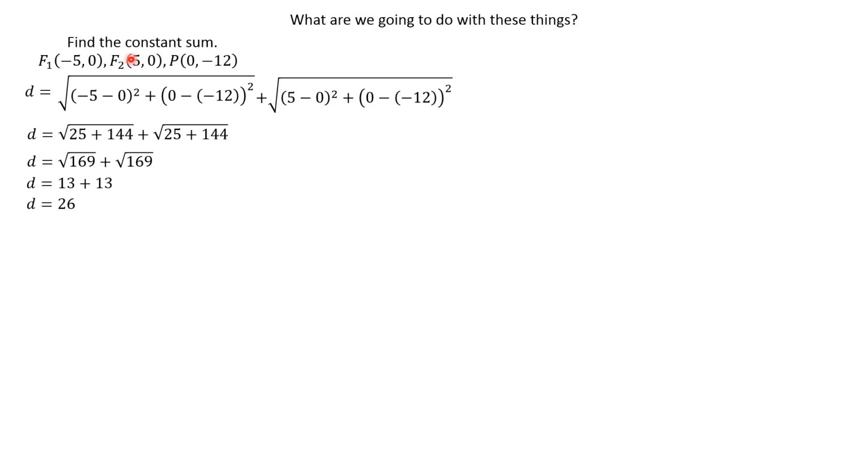So on this particular ellipse, any point we pick is going to be 26 units total to get to both of the foci, if you added it up. So that's one thing we're going to do with them. And that means the distance across the major axis is 26 units.